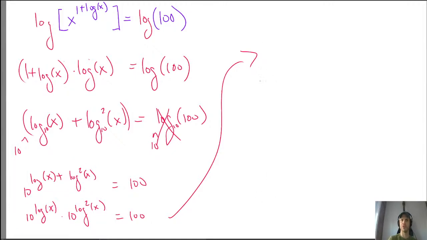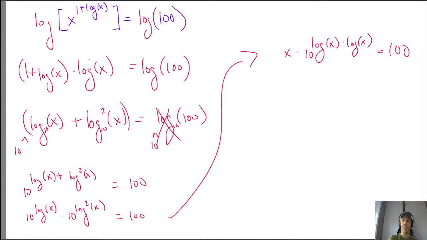I'm going to keep going, but if you don't understand that, stop me in the chat because I can explain that a little further. So this becomes x, and then this would be times 10 to the log of x times log of x. And then is still equal to 100.